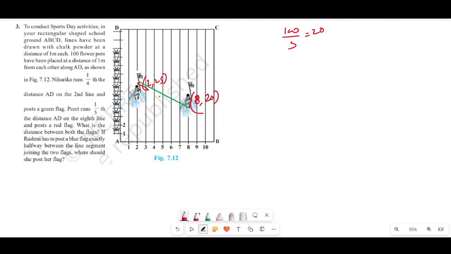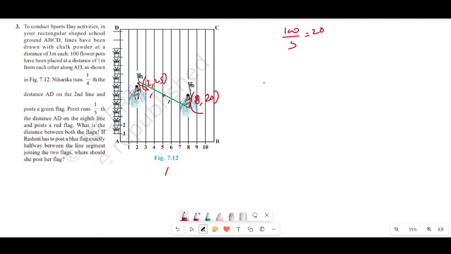Now suppose between these in the same ratio, that means 1 is to 1. Clear? We will use that.